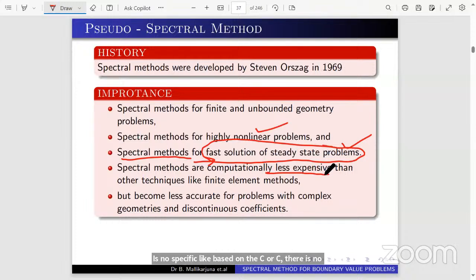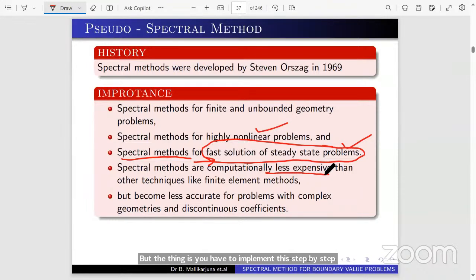A few numerical methods can be implemented only in certain kinds of programming languages with certain configurations. But the spectral method is a purely numerical method, with no restriction for that. Whatever system you take, you install any programming language like C, Fortran, MATLAB, Python, R. But you have to implement this step by step as per the algorithm.